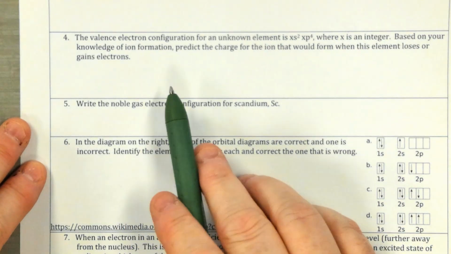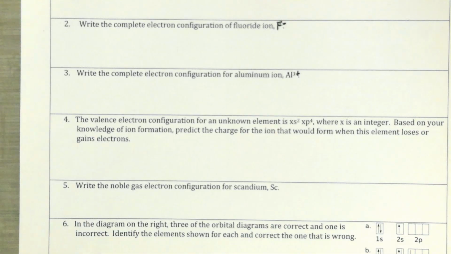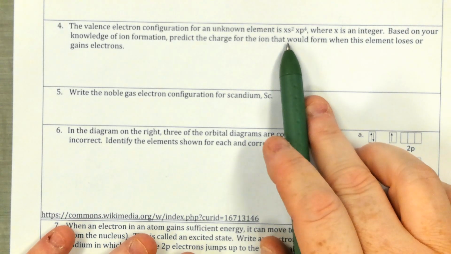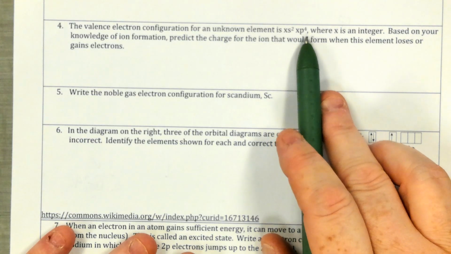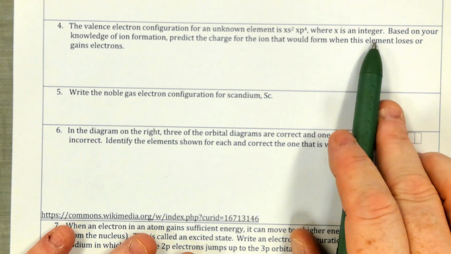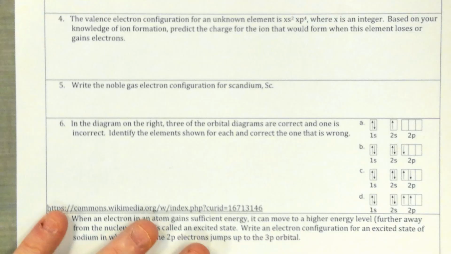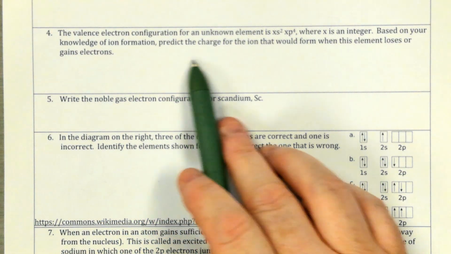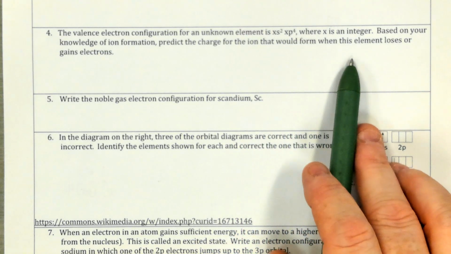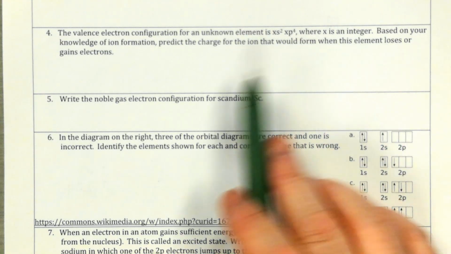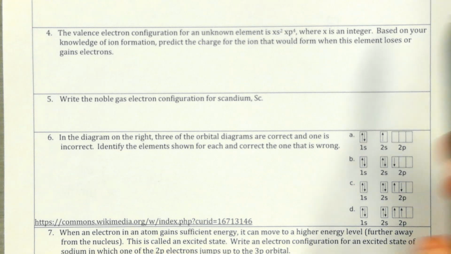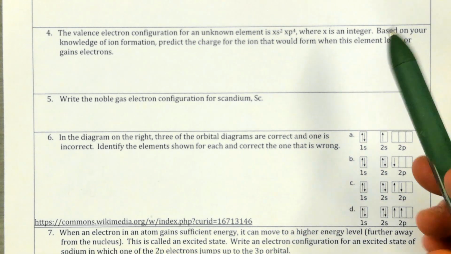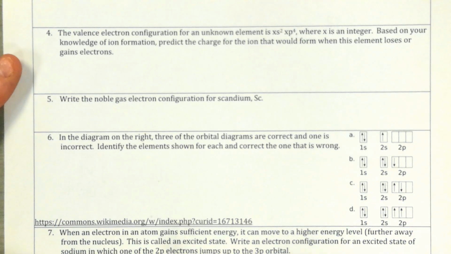And then it says the valence electron configuration for the unknown element is xs2, xp4, where x is the integer. Okay, that's the number. Based on your knowledge of ion formation, predict the charge for the ion that would form when this element loses or gains electrons. So, if you've got s2p4, what would be the ion configuration?